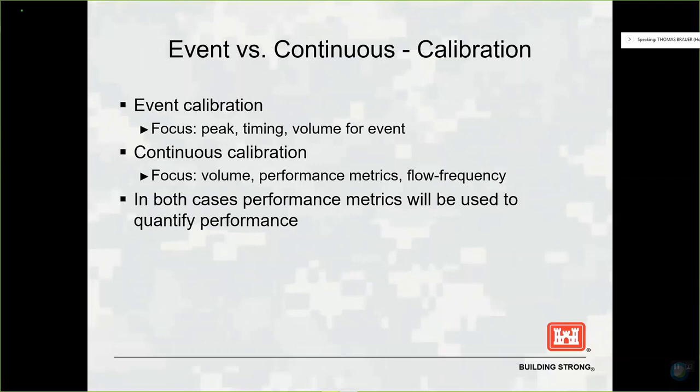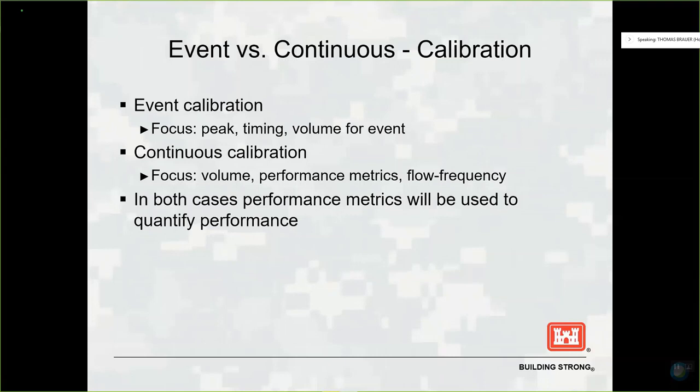With continuous calibration, the focus is often on volume, and then we use performance metrics. With event calibrations, we're often doing a graphical inspection, where we just look at the hydrograph and we look at the fit. With continuous calibration, it becomes more difficult to do that type of inspection. So that's where performance metrics really help us.